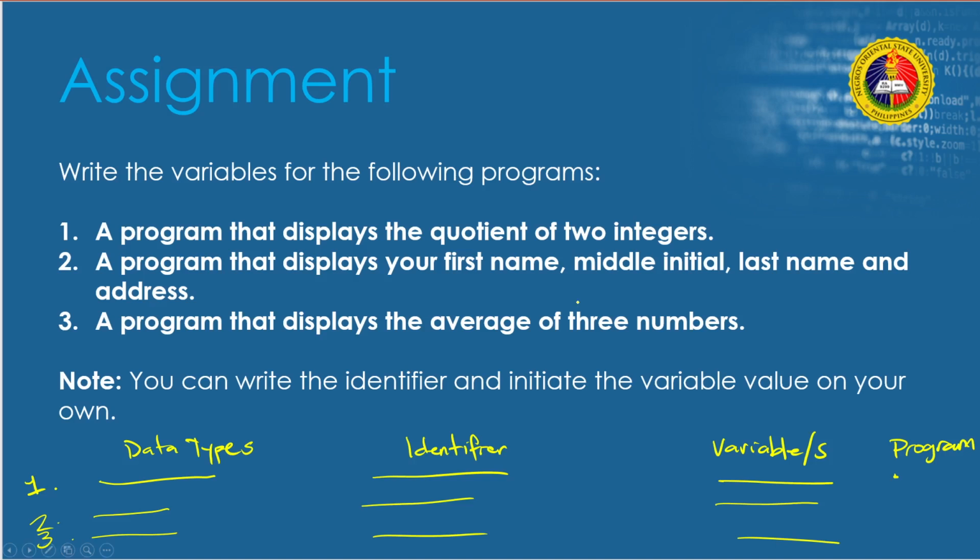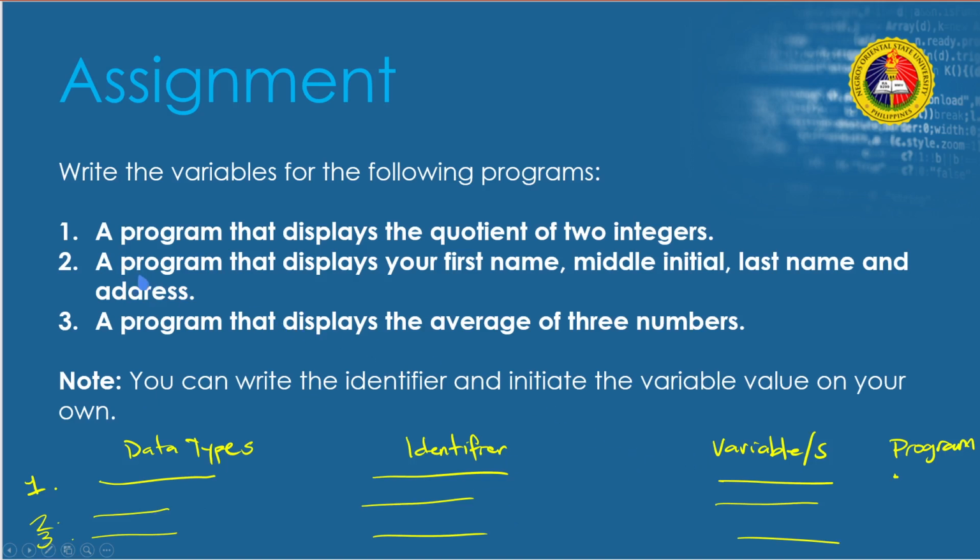Since we have only discussed output so far, it will be output only. Therefore, 4 answers per number: the data type, identifier, and variable, and then the program. And then for number 2, same thing: data type, identifier, variable, and a program.